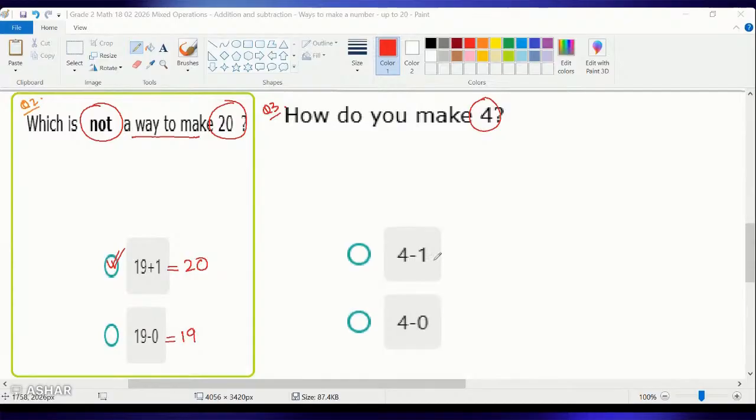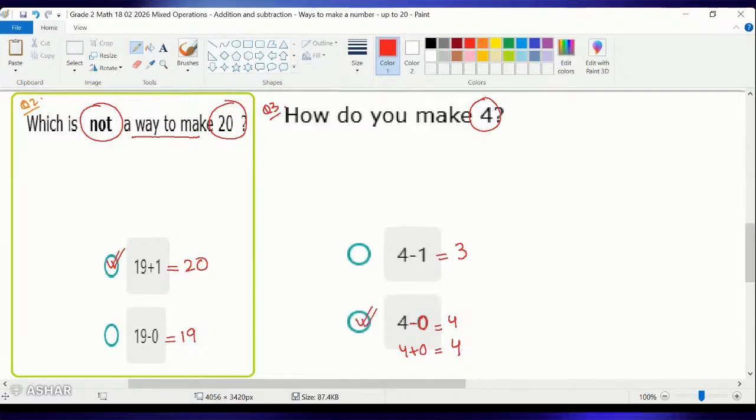Yes, thank you. Right? But we know the rule, whenever we subtract a 0 or we add a 0, the answer would always stay the same, right? Yes, thank you, Sami.